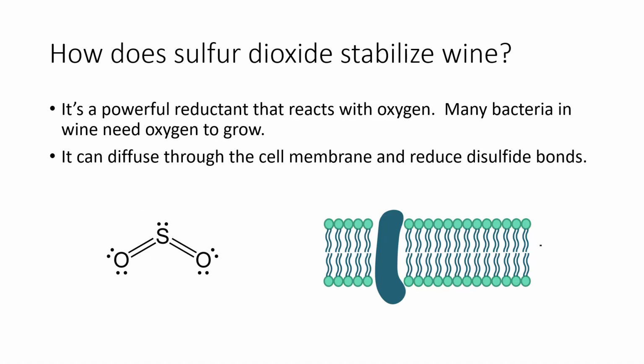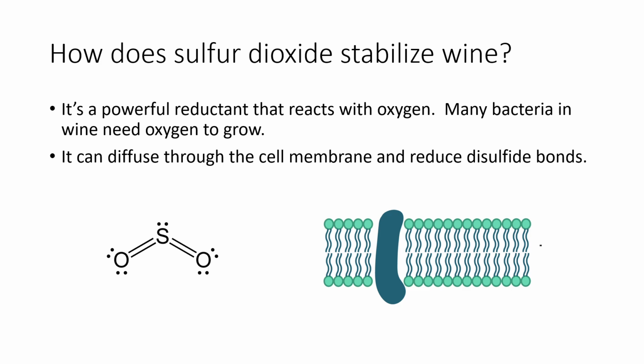Well, sulfur dioxide is a powerful reductant, so it can react with oxygen. Remember, we're trying to get rid of oxygen? If you have some residual oxygen around, the sulfur dioxide can react with that and pull it out of solution. Our sulfur dioxide can become our sulfite again.